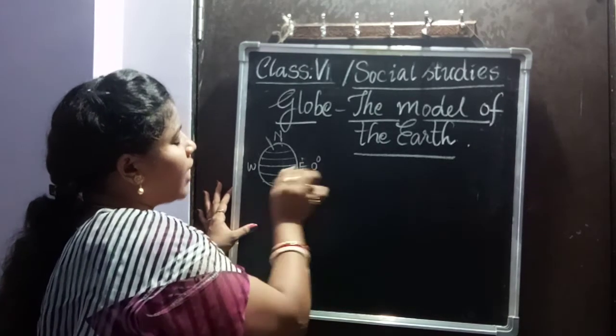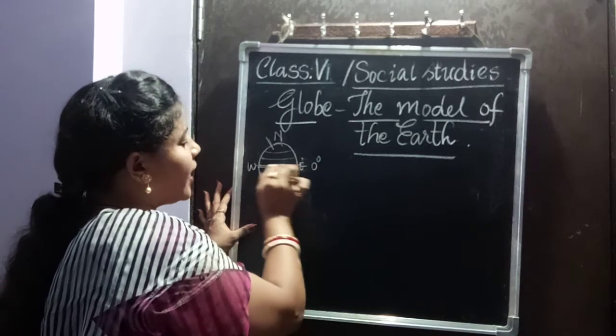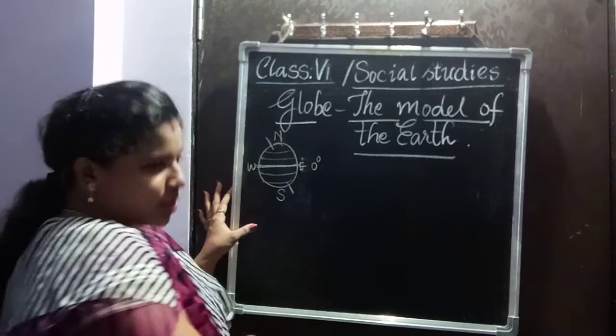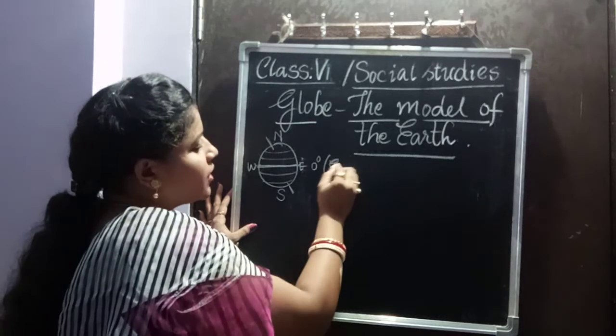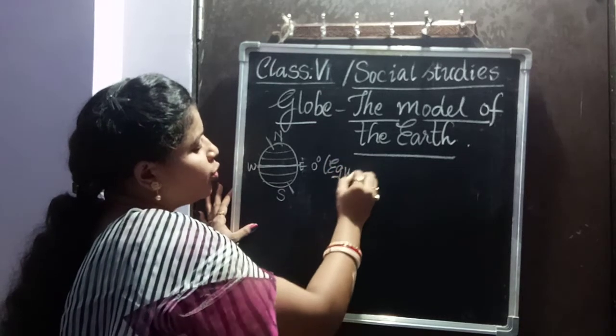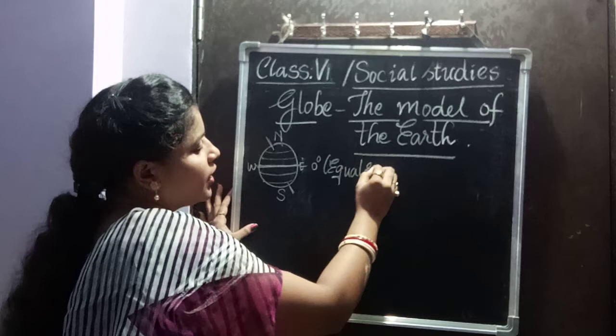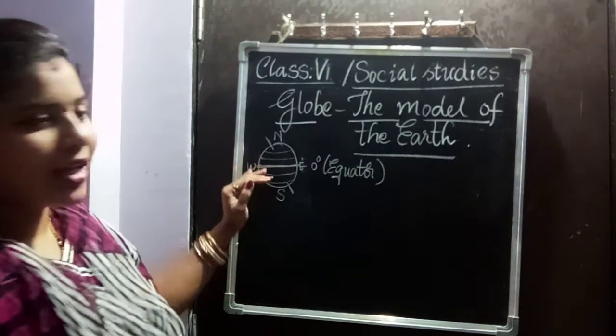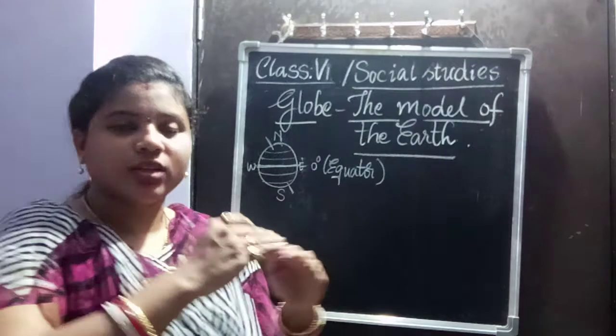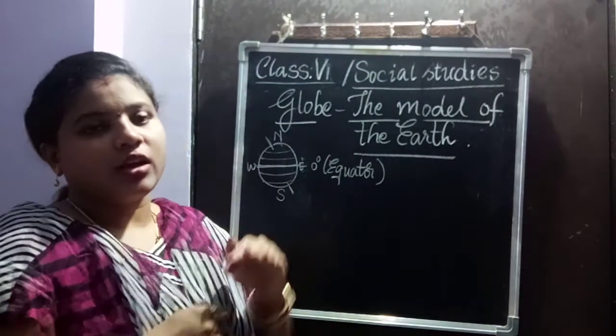Among the latitudes, the main important latitude, which is at 0 degrees, is known as the equator. The equator is an imaginary line which divides the earth into two equal halves.